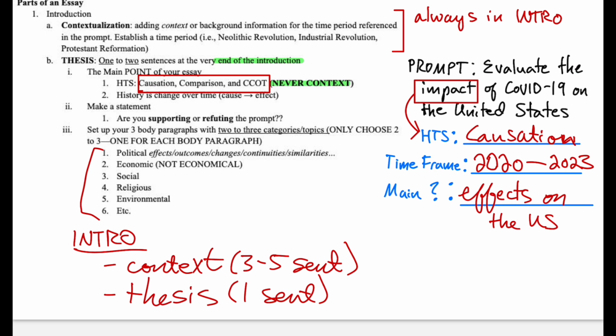Okay, so if you're going through and trying to brainstorm evidence that could go with these different body paragraphs, you'll figure out that some of the body paragraph topics can get more evidence than others. Like with environmental, I may be able to talk about how people drove less because they're on lockdown and gas prices decreased and that helped with the environment, but that's not going to be as much evidence as talking about the economic effects of COVID.